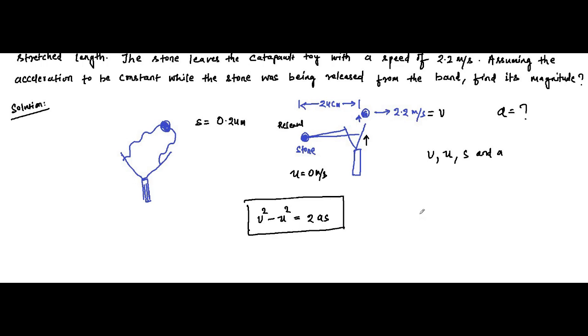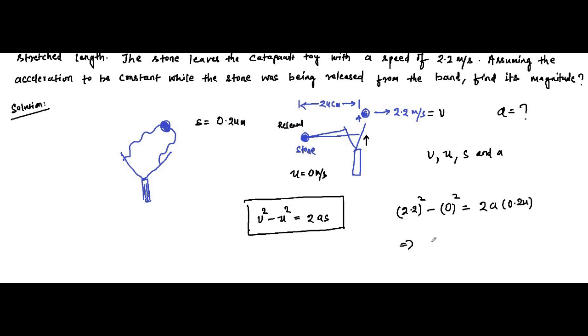So we'll just simply put the values. Final velocity 2.2 whole square, initial velocity 0 square, which is equal to 2a into 0.24.